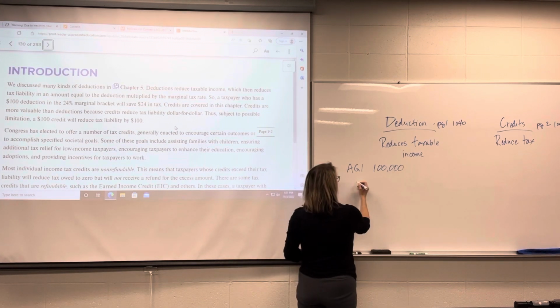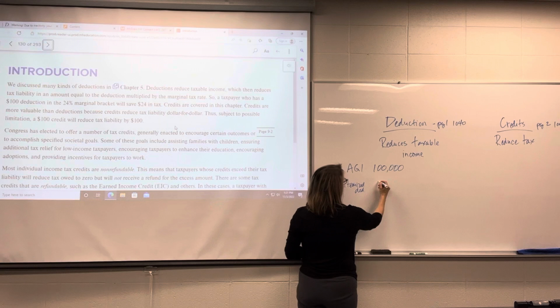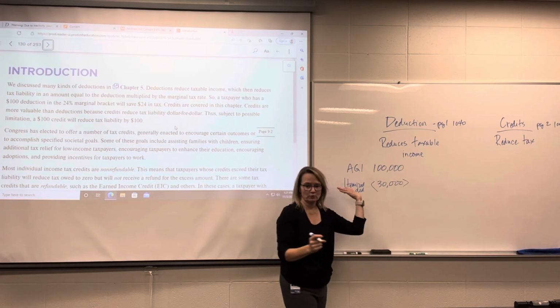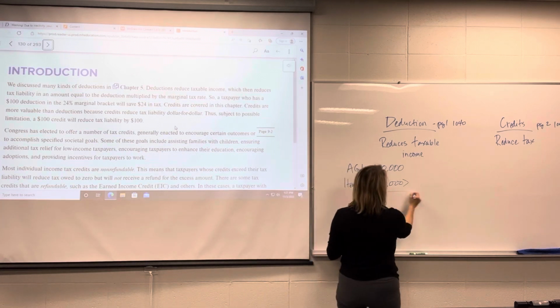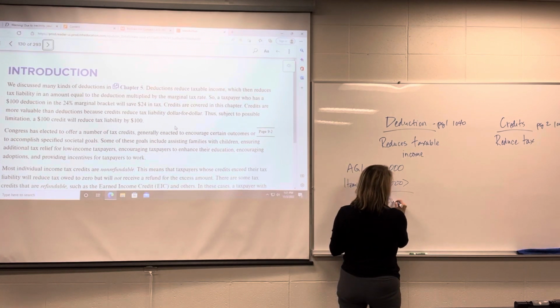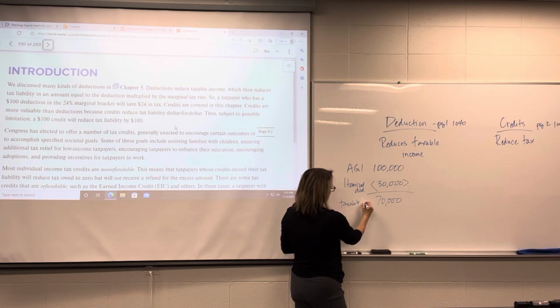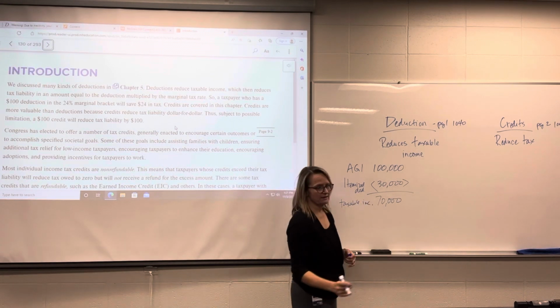Then we've got our itemized deductions of $30,000, because we want it to be more than what our standard deduction would be, right? So our taxable income is $70,000.